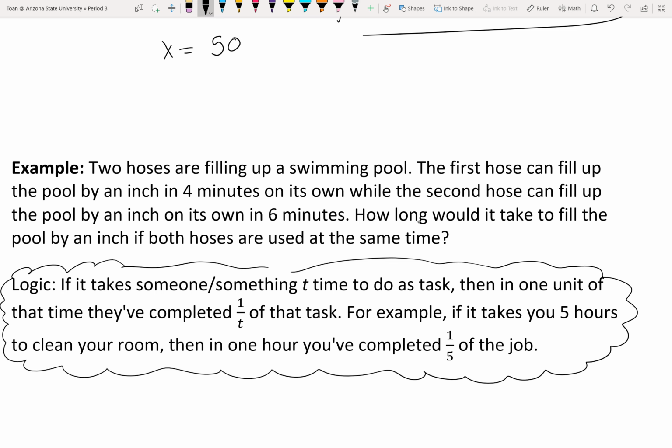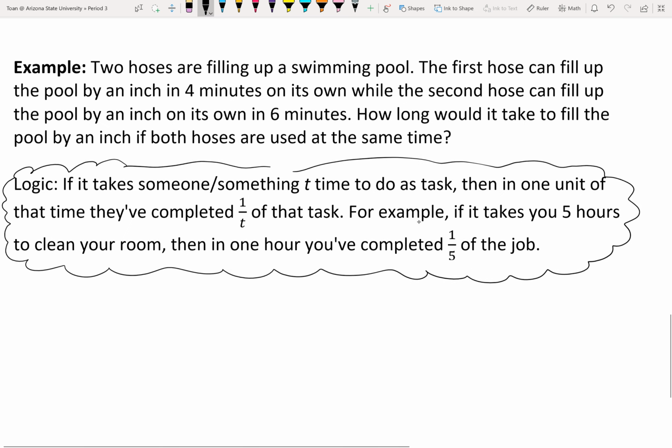Okay. Well, if that makes sense, then if you have multiple things completing a job, all you have to do is add their progress. We'll see specifically with this example. So suppose you are filling up a swimming pool, right? And there are 2 hoses that you're going to use to fill up your swimming pool. We're going to use hoses because, who wants to use their own water?